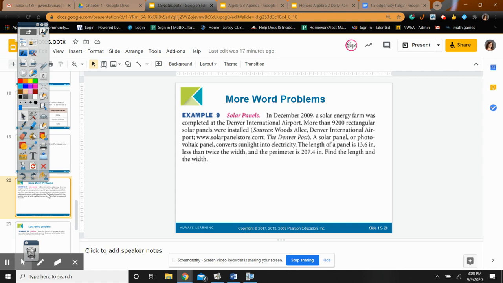Let's look at solar panels here. In December, at a solar energy farm, more than 9,200 solar panels were installed. A solar panel converts sunlight into electricity. The length of the panel is 13.6 inches less than twice the width. So this is the width.